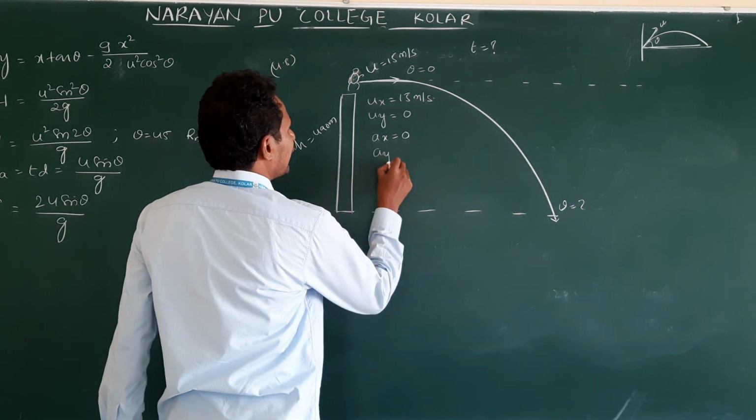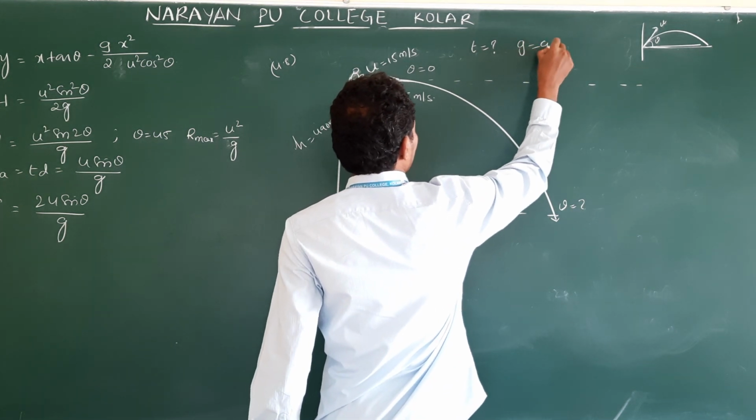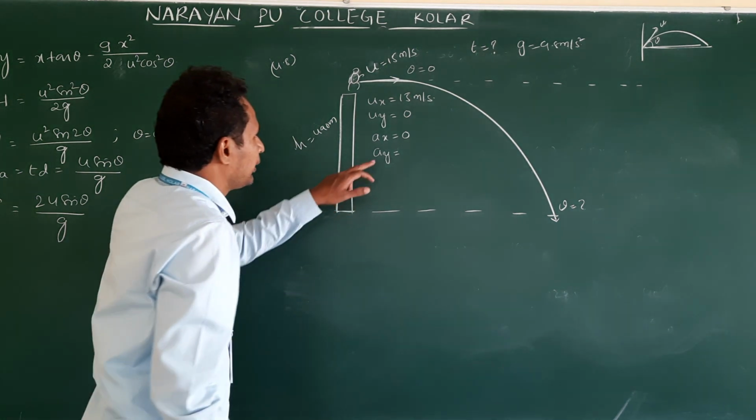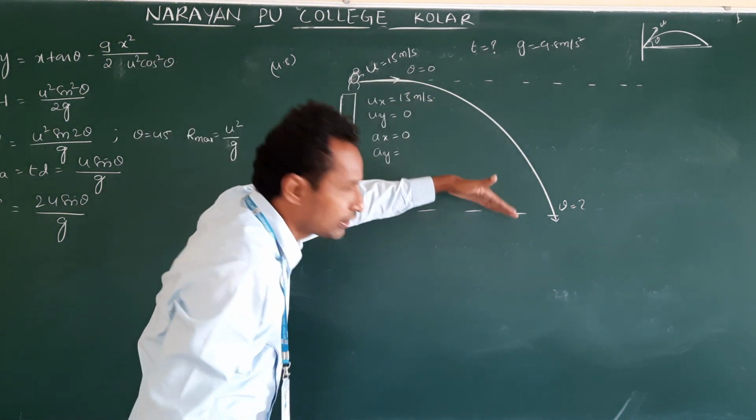What is ay along the y direction? They are already asking us to take g as 9.8 meters per second square. Because of this acceleration due to gravity, the object falls down.